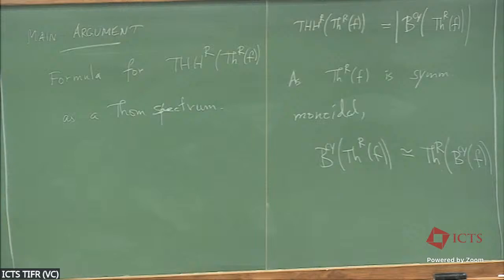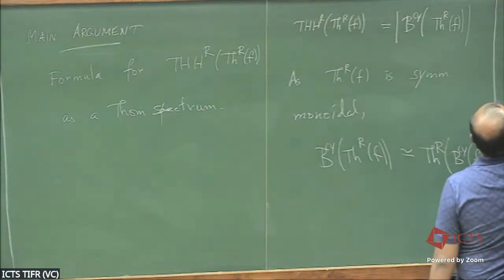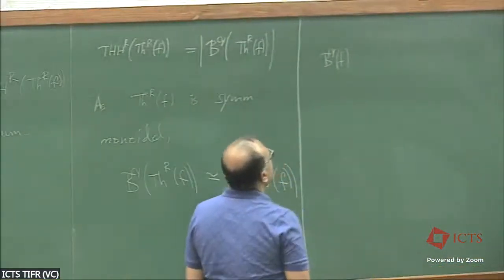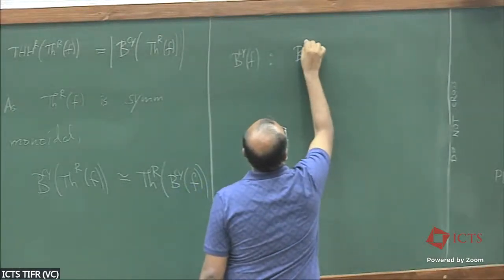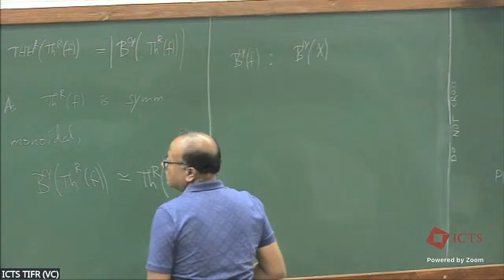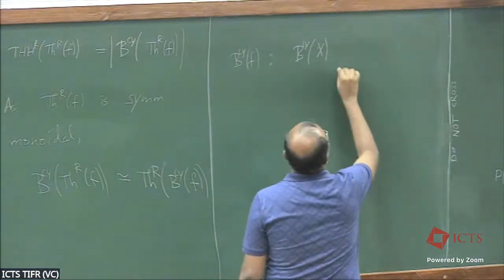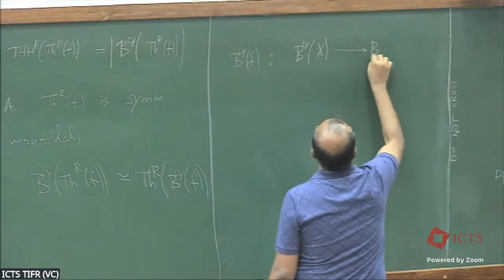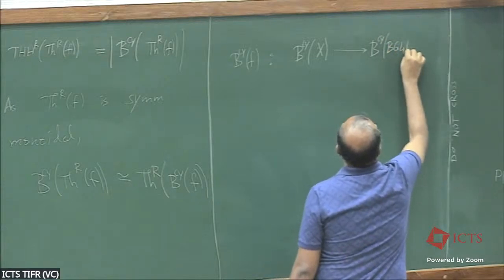So this cyclic bar construction on F, you can think of it as a map from the cyclic bar construction on X. Because X is ΩY and the map is a loop map, if you replace both sides by a topological monoid, this gives you a map from the cyclic bar construction on X to the cyclic bar construction on BGL1R.